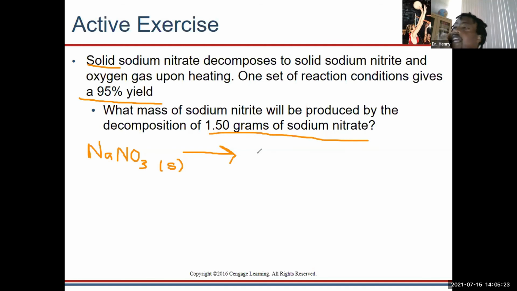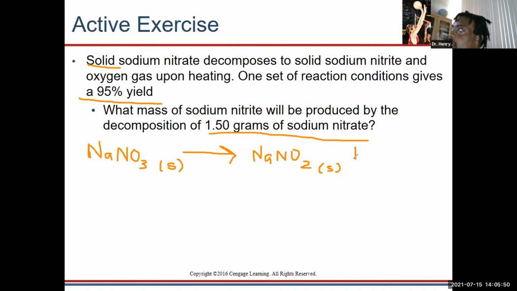Okay, so what does solid sodium nitrite look like? NO2, that is correct. You lose 1 oxygen, it's ite. If you lose another one, it's hypo. And it's a solid.